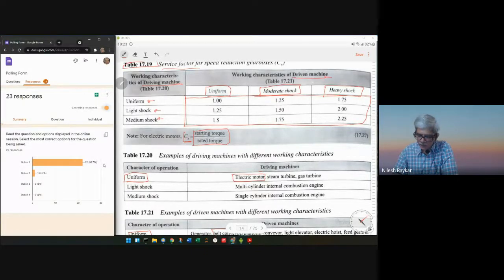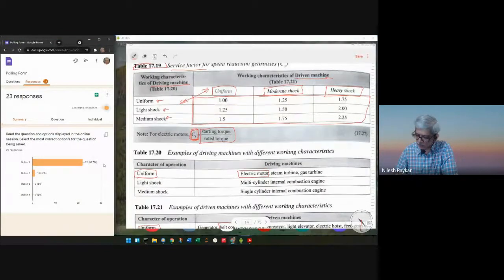That can be taken care of by considering CS as the ratio of starting torque by rated torque. So no further effect of this service factor needs to be considered. For an electric motor, the service factor is directly the starting torque by rated torque.